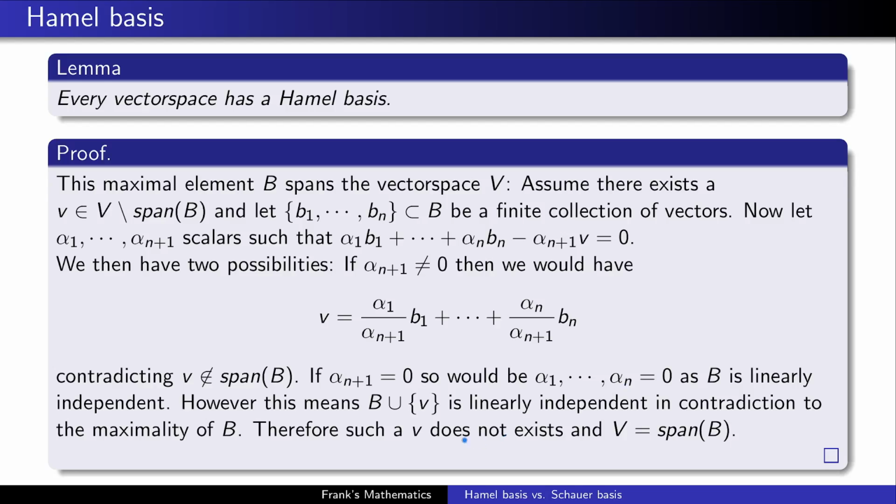However, this would mean that B united with our vector v must be a linearly independent set, because we have just proven linear independence under the assumption that alpha n plus 1 is 0. However, this is now a contradiction to the maximality of B.